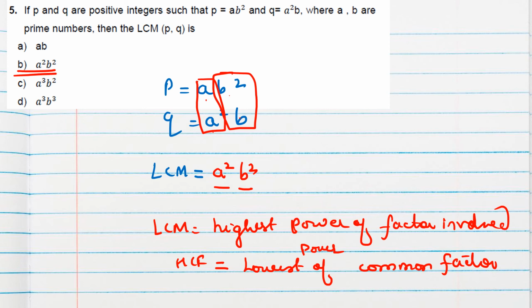So for the same question, suppose they ask the HCF between A and A square, the lowest power is A, and between B and B square, the lowest power is B. So the HCF would be AB. Okay, so this definition we should know to find the HCF and LCM.